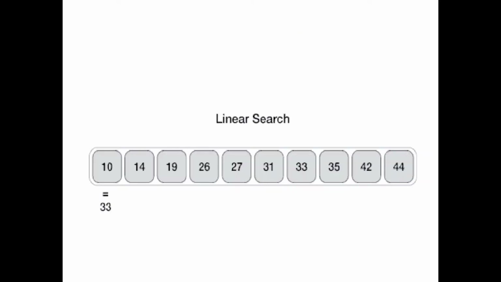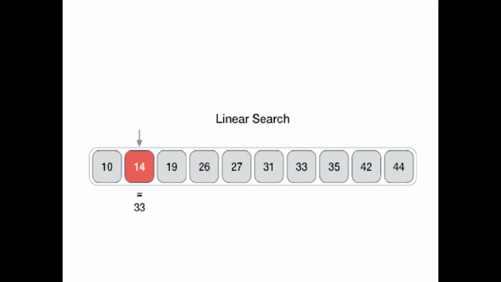Here is one example diagram. In this diagram we have a lot of elements: 10, 14, 19, 26, 27, 31, 33, 35, 42, 44. These are the elements in an array.